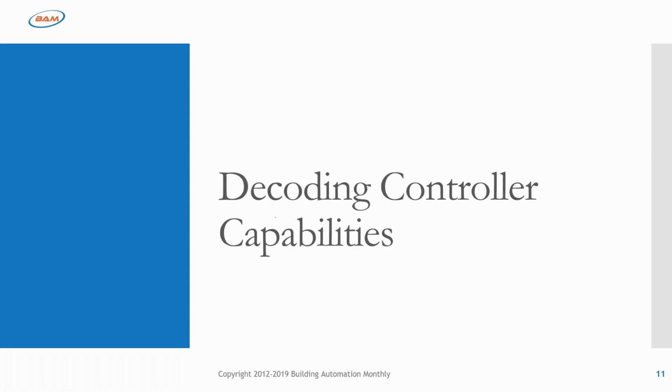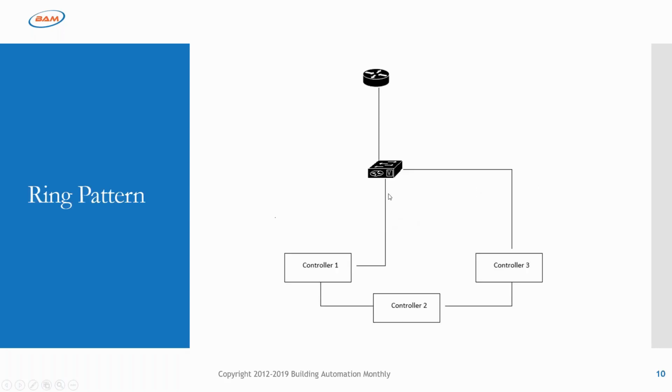In ring pattern, what happens when one device goes down? Great question. Watch. Let's say this controller dies and it stops transmitting to all these. Well, I said I wasn't going to talk about rapid spanning tree, but I will just a little bit, I promise.